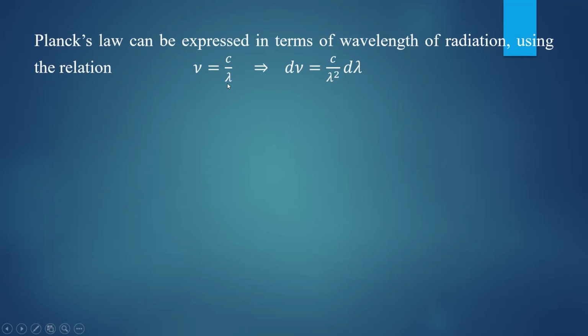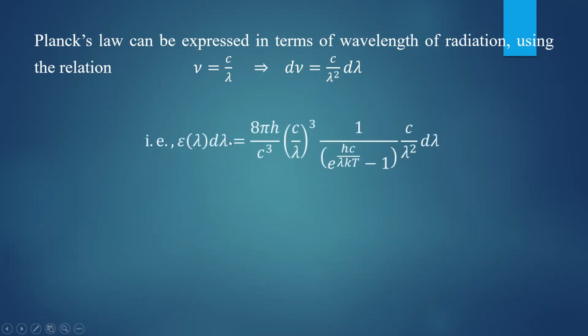If you differentiate this with respect to nu, d nu will be equal to c into derivative of 1 by lambda. Derivative of 1 by lambda is 1 by lambda square into d lambda. Now substitute this d nu and nu in the above equation. So that will give you epsilon of lambda into d lambda is equal to 8 pi h divided by c cube.